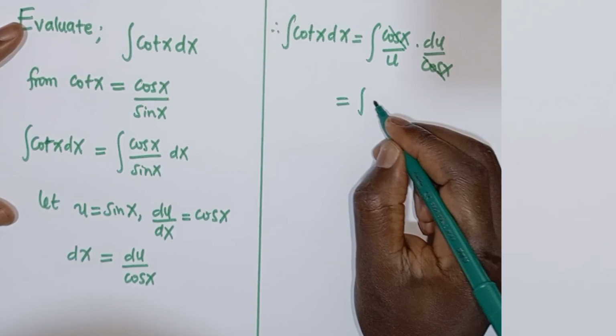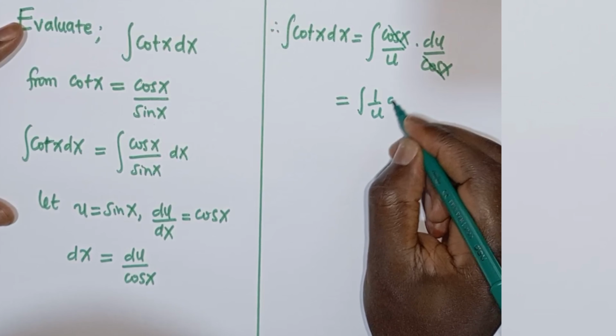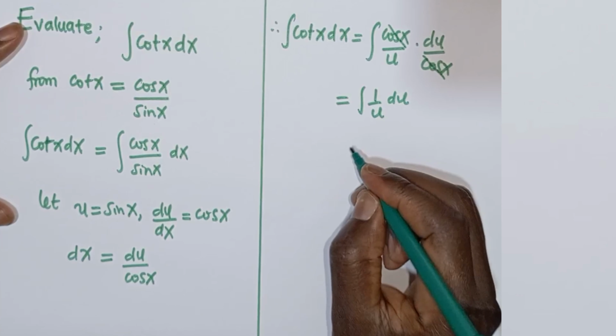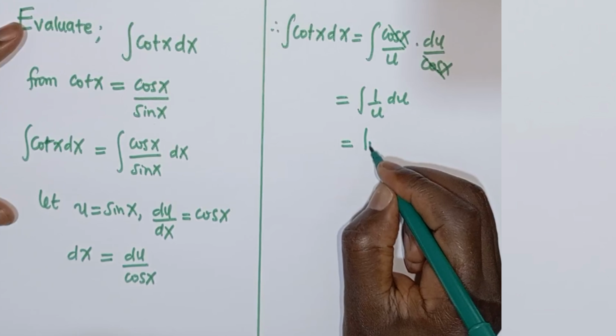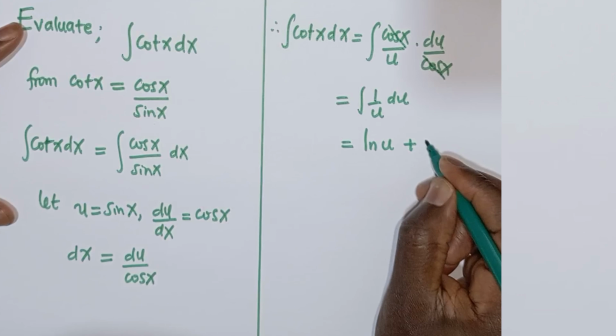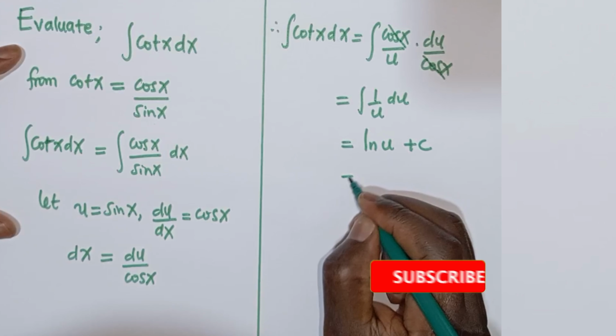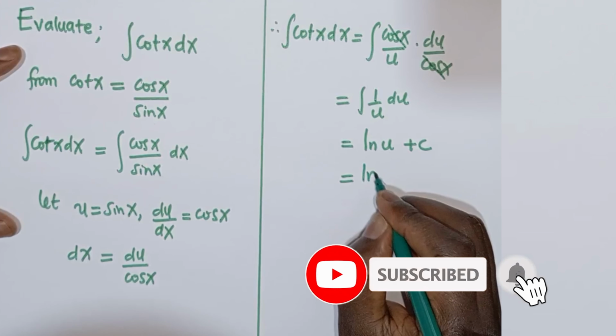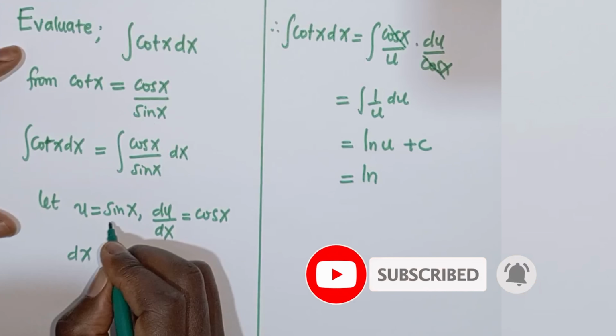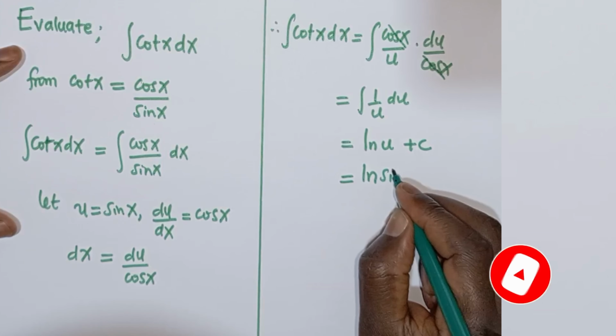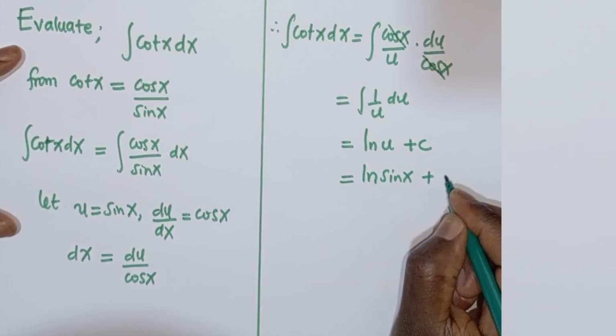So we have the integral of 1 out of u du. But the integral of 1 out of u with respect to u is ln u plus c. So substituting back u, we have ln of sine x plus c.